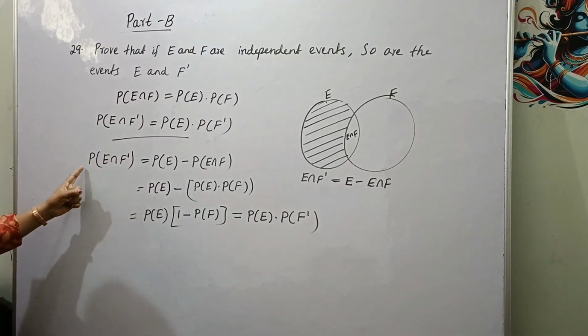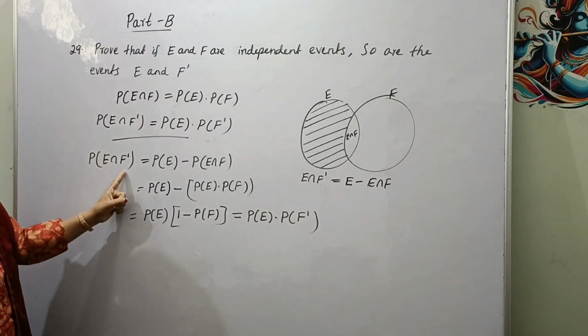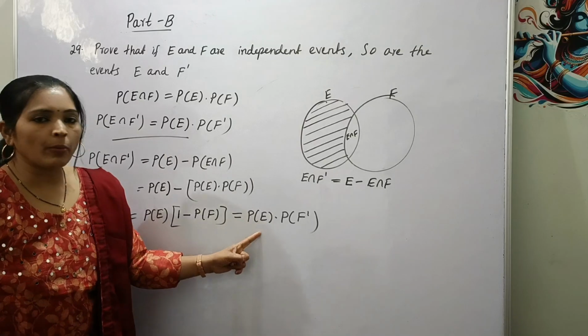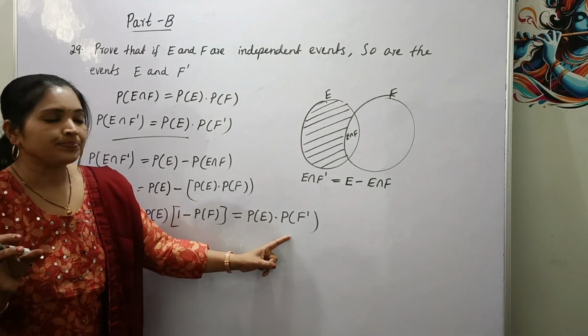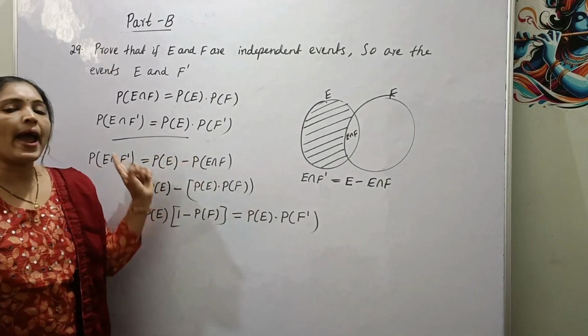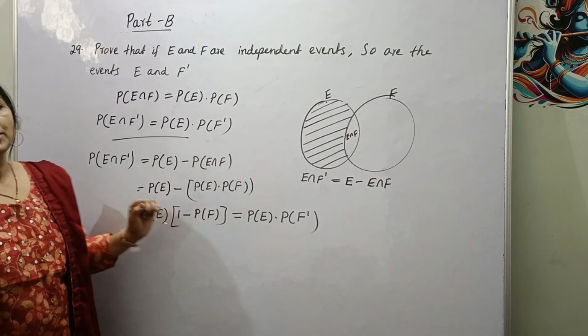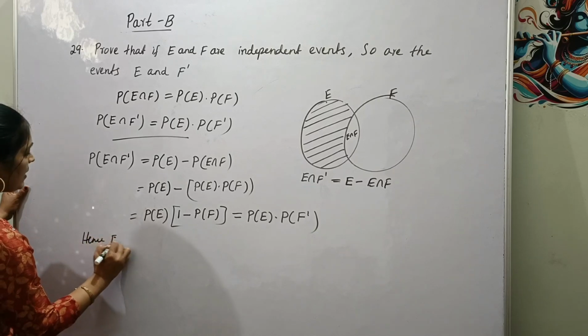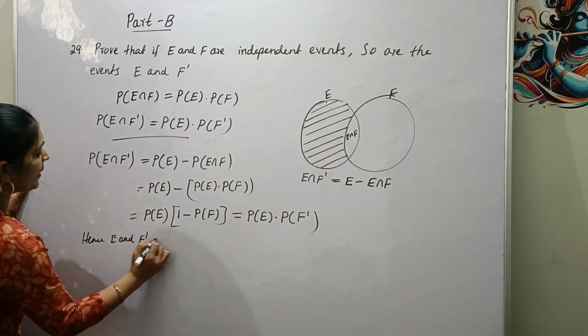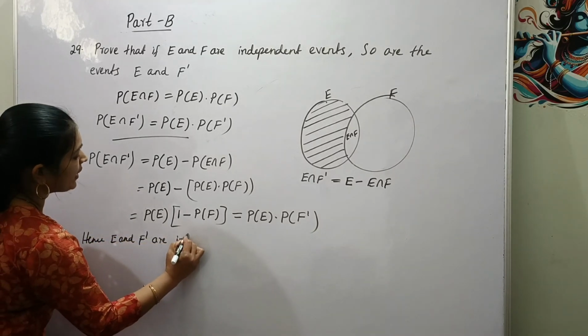We have got probability of E intersection F complement is equal to probability of E into probability of F complement. That implies that E and F complement are independent events. Hence, E and F complement are independent events.